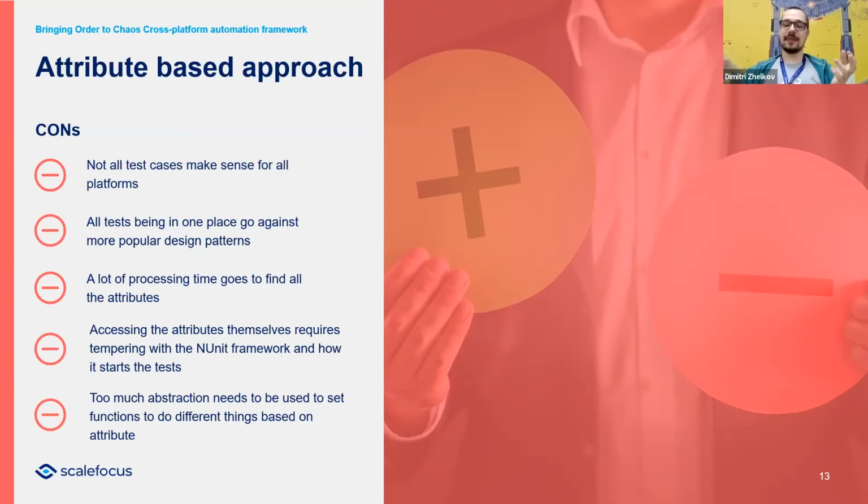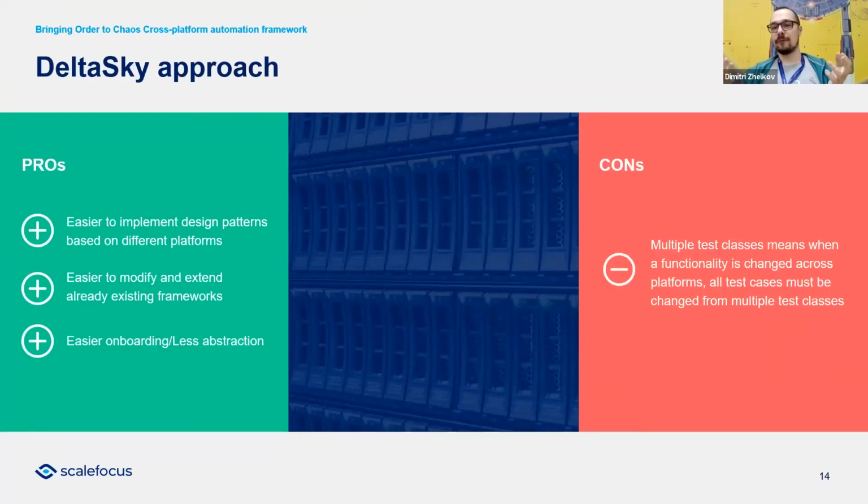So what we went with next is the DeltaSky approach. This is actually what you saw in the designs, the depictions in the initial idea, and those diagrams at the start. What we have as a process of the DeltaSky approach is that design patterns are much easier to implement.